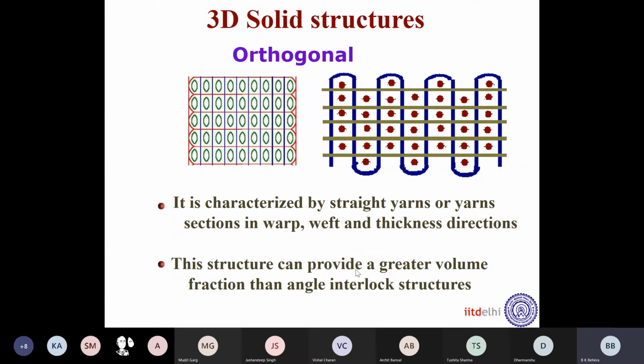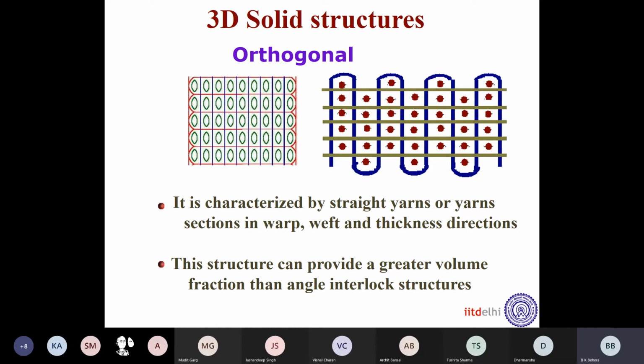Because we are not discussing composite material, but I have already told you in previous lectures, these fabrics are specially produced to be used as a preform for making composite materials. And in composites, fiber volume fraction plays an important role, because the higher the fiber volume fraction, the greater the strength of the composite material.